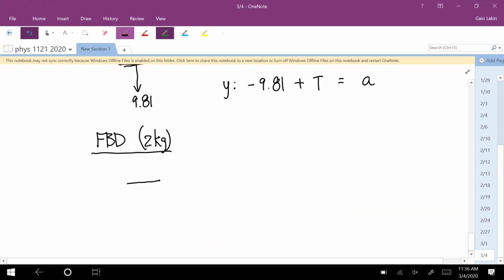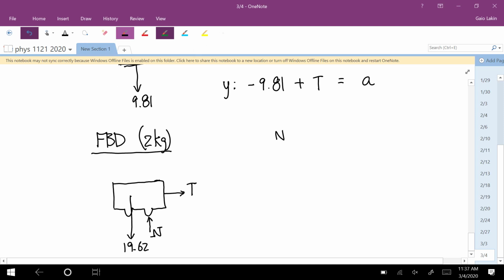Okay, so there's the cart. There's a weight of 19.62. There's a pushing force from the ground. There's a cable force, and the magnitude is the same as the cable force for the other one.